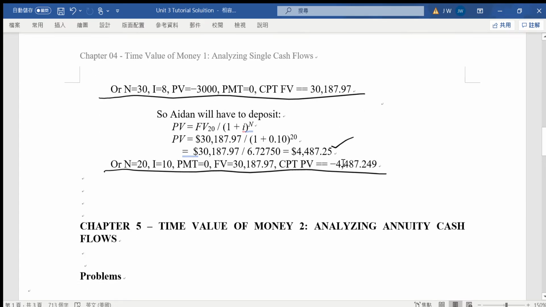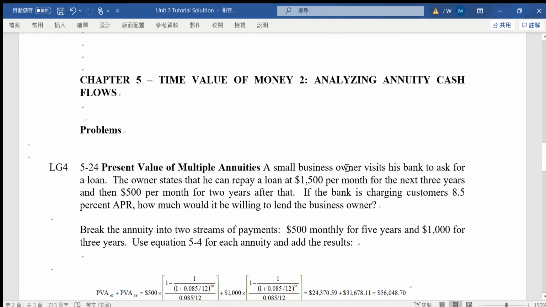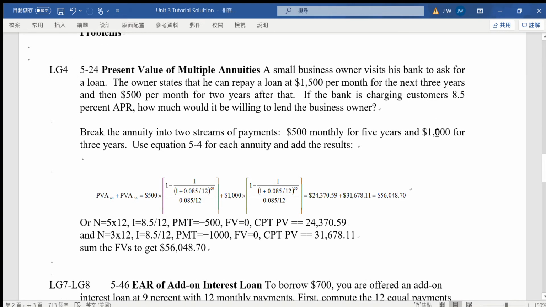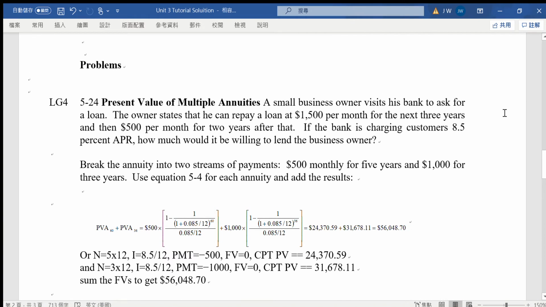Okay, we'll continue on another question that is related to chapter 3 about annuities cash flow. The first question is about the present value of multiple annuities. That means not just one annuity, but multiple, more than one. Now we look at the information given by the question.